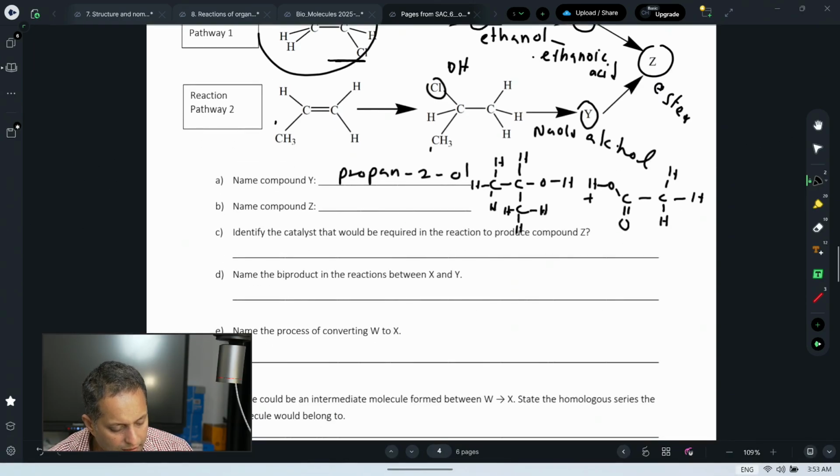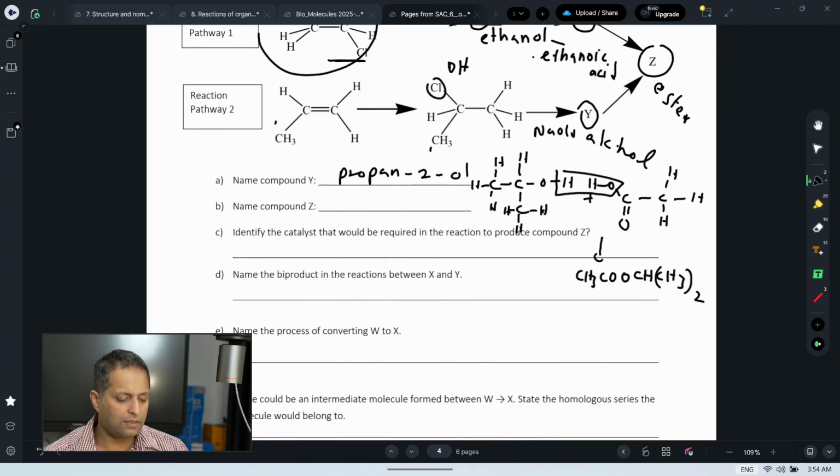Then we make the ester here. We'll start with the other way around, so let's make it easier. CH3, CO, then O, because this is how it goes, then OCH and CH3 twice. That is the ester. You don't have to name them.